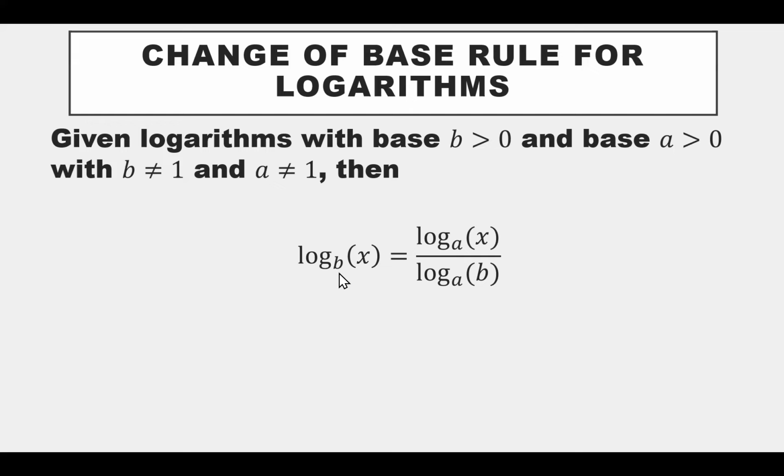So if I have log base 7 or log base 2 or log base 1.05, I can either use log or the natural log on our calculator and a change of base rule to calculate whatever that logarithm is. So this is a very important property of logarithms, the change of base rule.